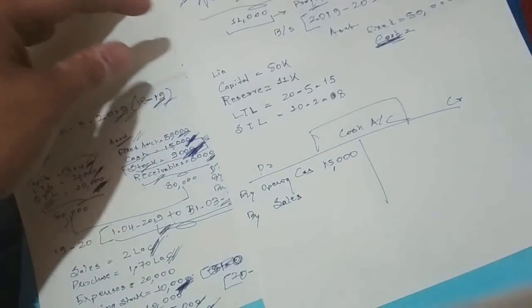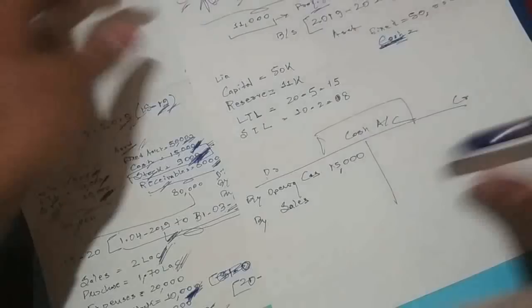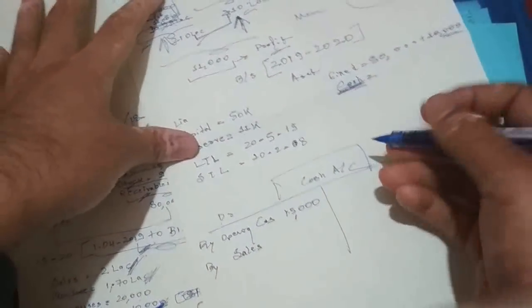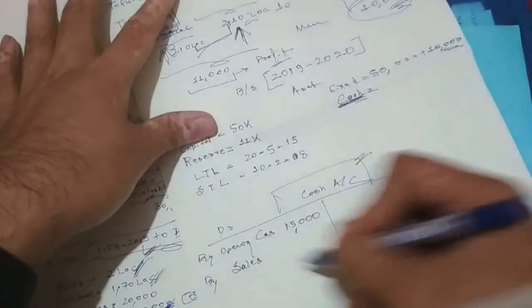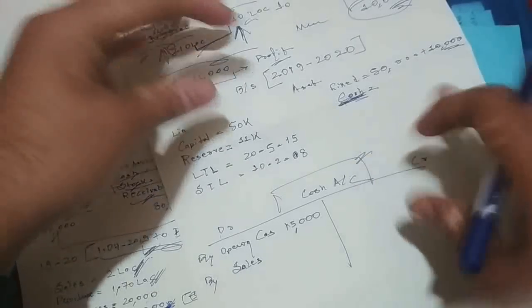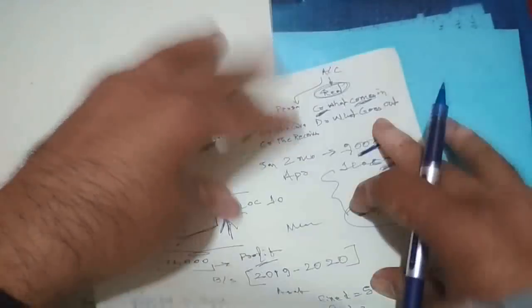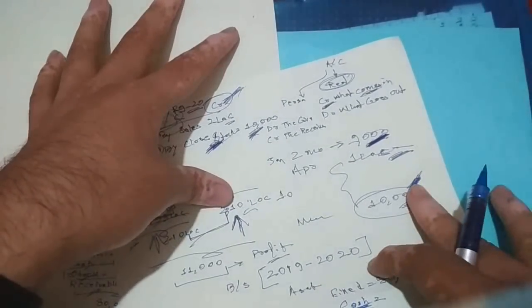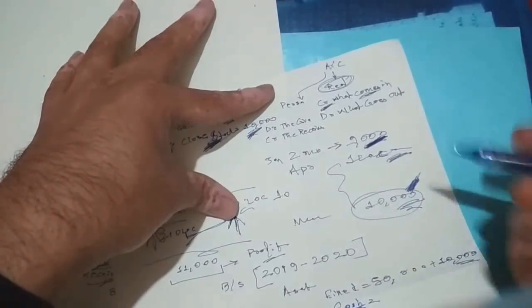As I told you, since we are dealing with the cash account, which is nothing but a ledger, we will understand by seeing the methodology we followed right from the chapters when we started the accounting chapters.